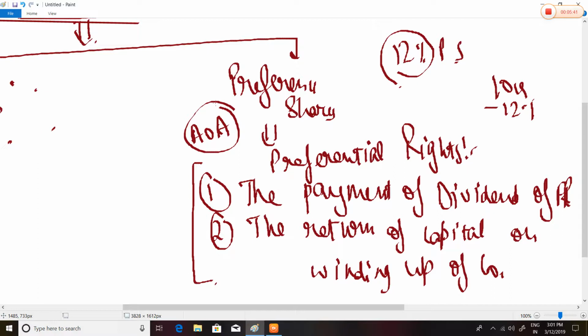Preference shareholders do not have voting rights, except when the dividend is outstanding for more than 2 years in the case of cumulative preference shares, and for more than 3 years in the case of non-cumulative preference shares.